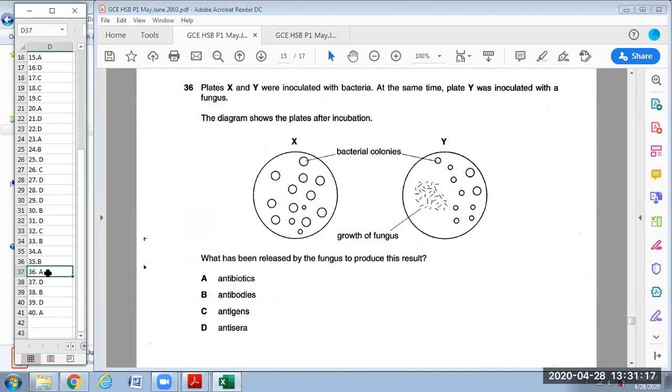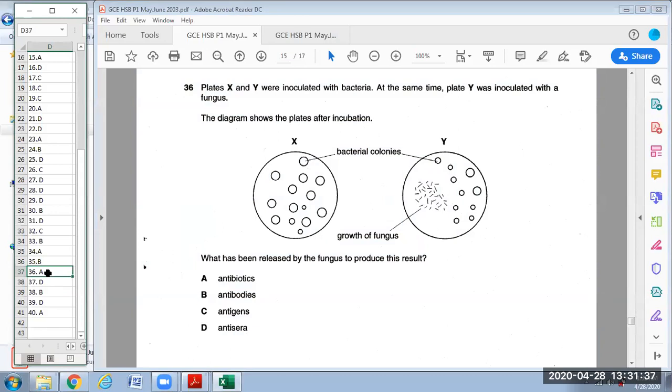36. Plates X and Y were inoculated with bacteria at the same time. Plate Y was isolated with fungus. The diagram shows the plates after incubation. What has been released by the fungus to produce this result?